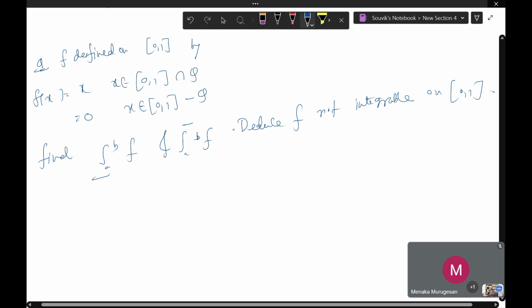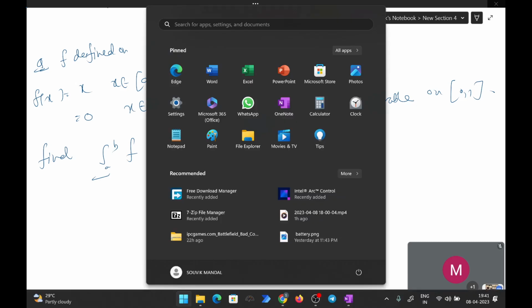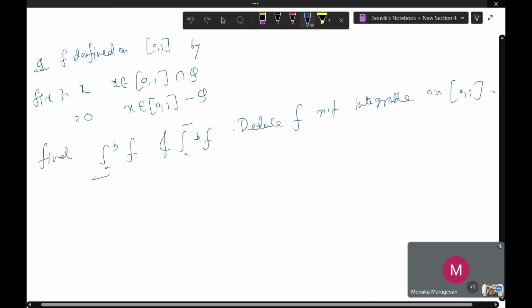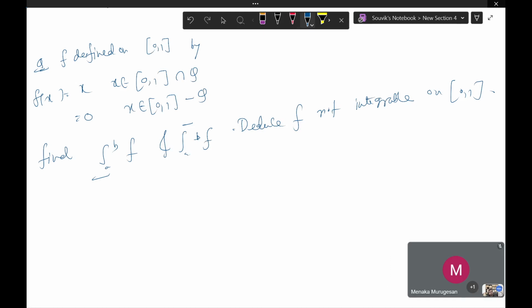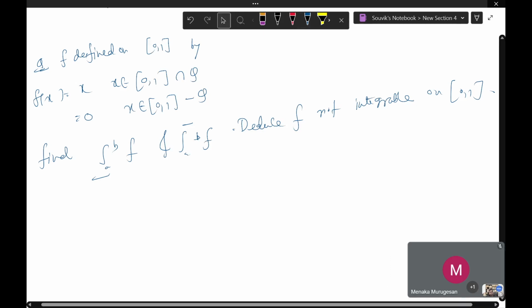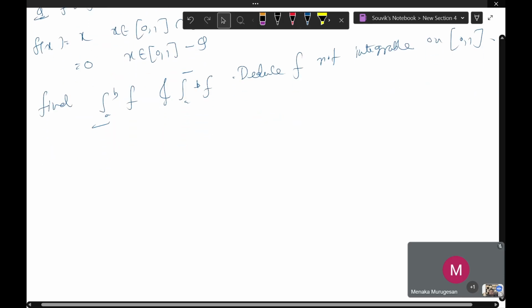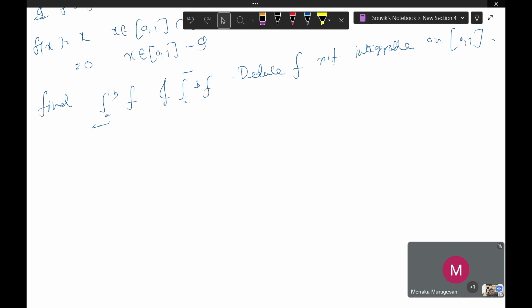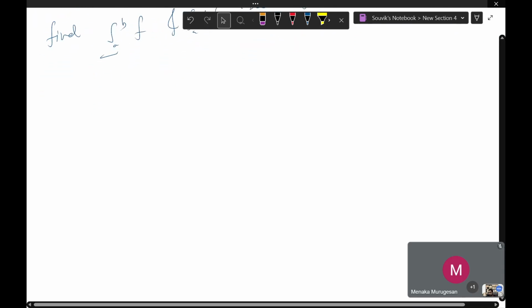How to do it? We are going to use the last theorem, where we can find U(P, f) and L(P, f), the sequential criteria. So let's solve it.